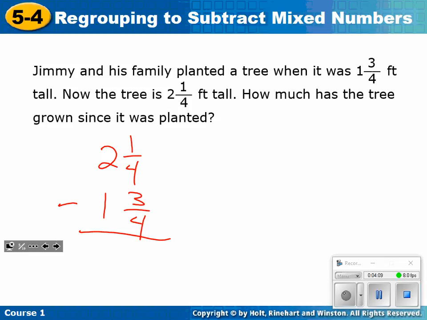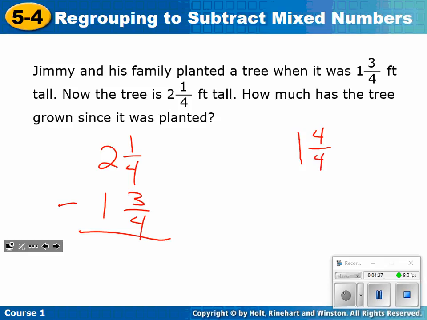I need to borrow from this too, or I need to regroup this too. So I need to take this 2 and make it a 1 4/4.